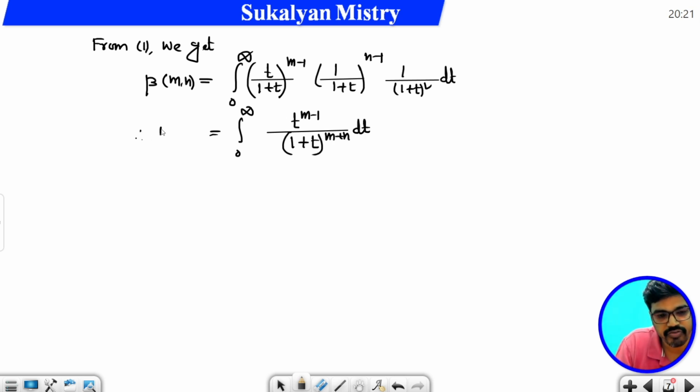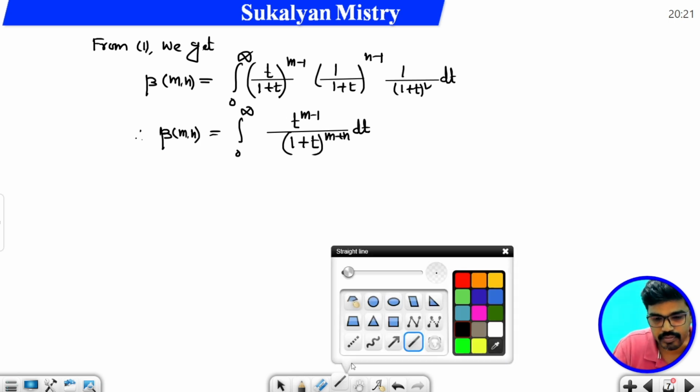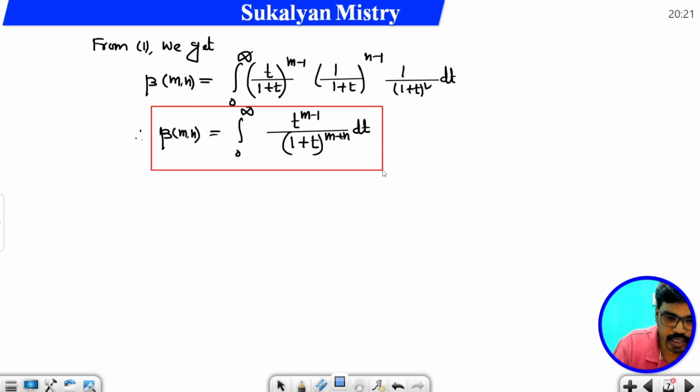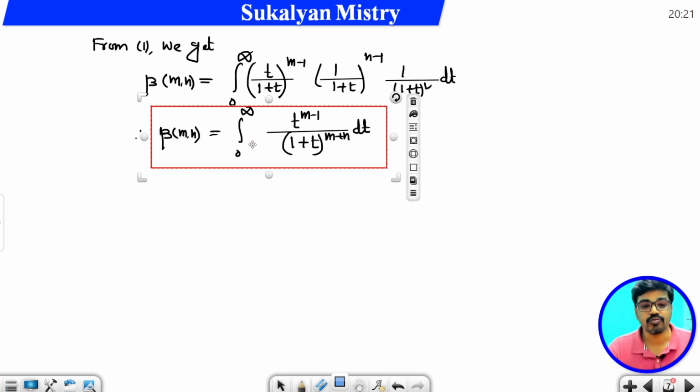It is a very important result, an important property: beta mn is equal to 0 to infinity t to the power m minus 1 dt divided by 1 plus t to the power m plus n. The exam can ask: prove that beta mn is equal to 0 to infinity t to the power m minus 1 divided by 1 plus t to the power m plus n.